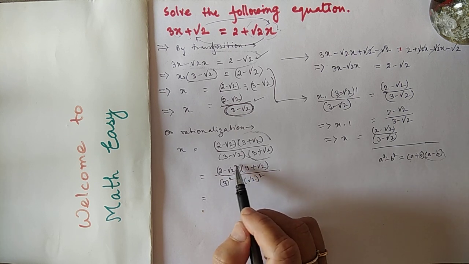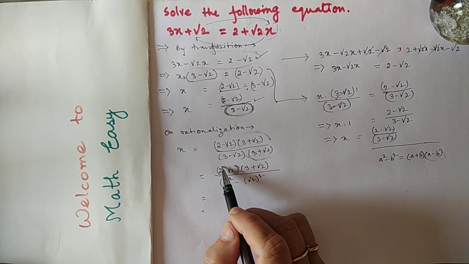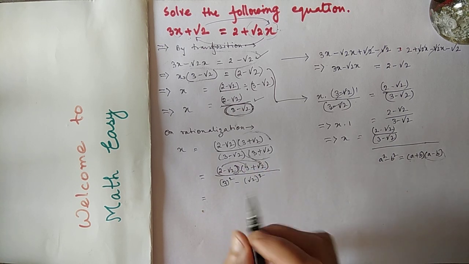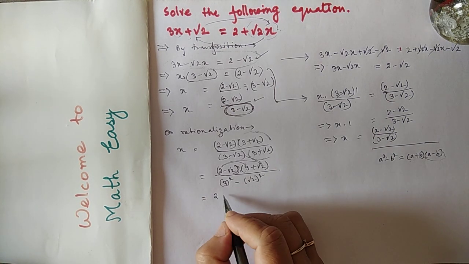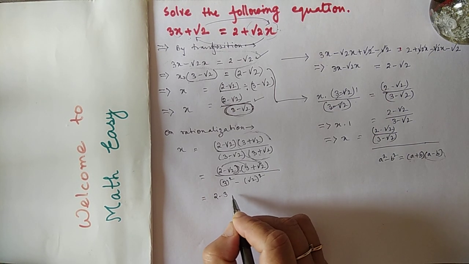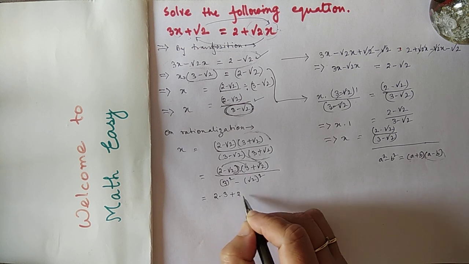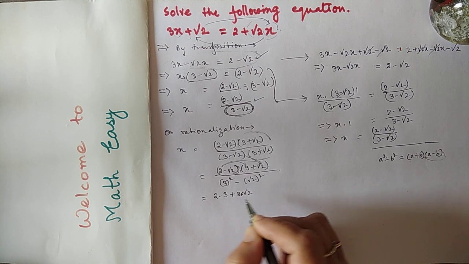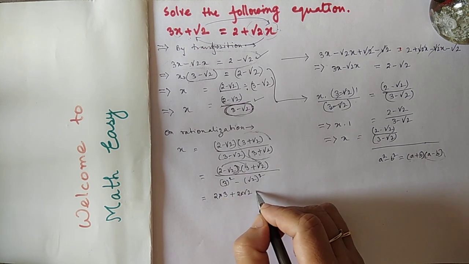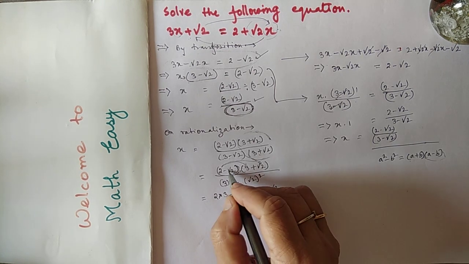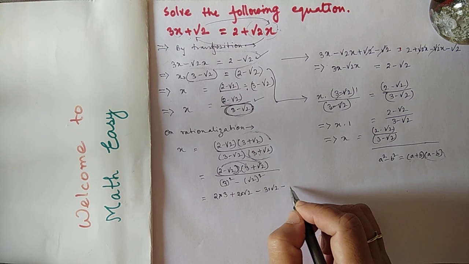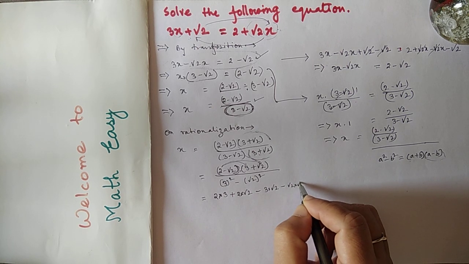So we will use here distributive property. 2 will be multiplied by 3, then 2 will be multiplied by root 2, like that we know. So 2 into 3 plus 2 into root 2 minus 3 into root 2 minus root 2 into root 2.